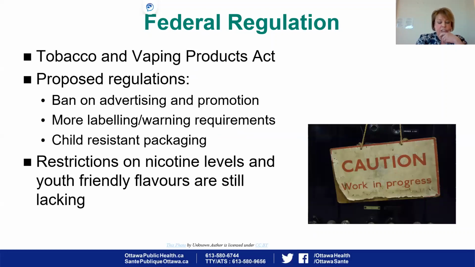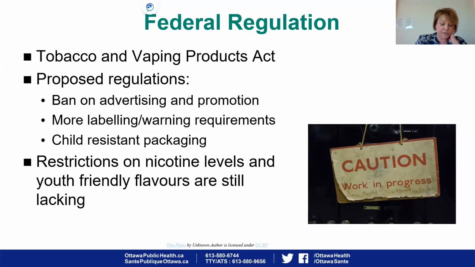So let's turn our attention to see what's in place in Canada to help strike the balance. In Canada, the Tobacco and Vaping Products Act regulates the making, sale, labeling, and promotion of vaping products, including products with nicotine.